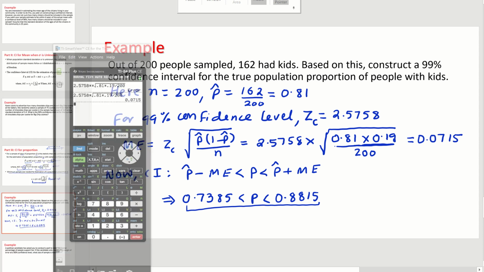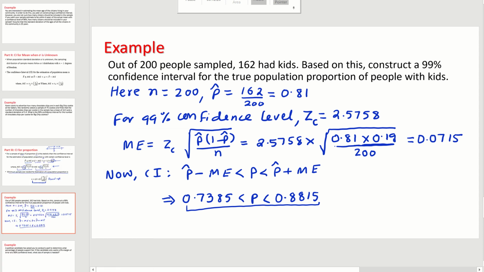Okay, we did it right. So that is the end of this first example.